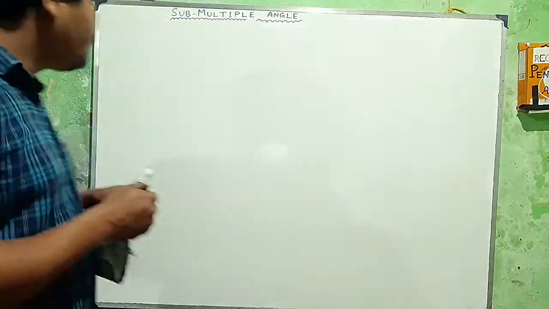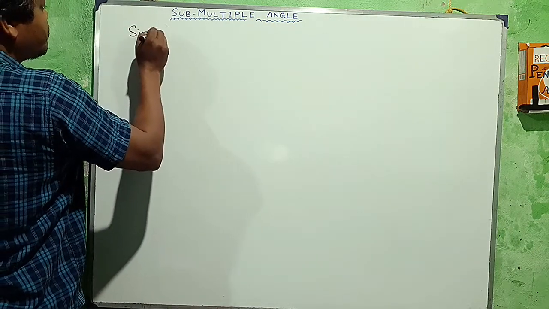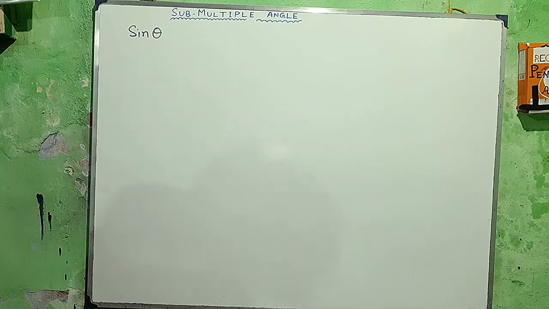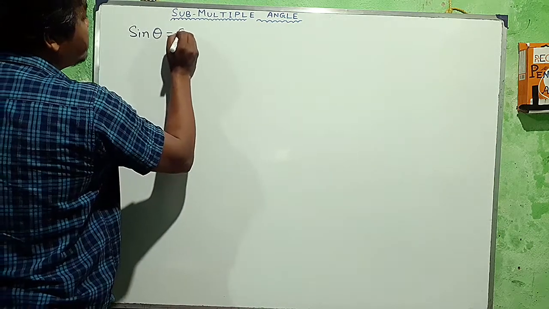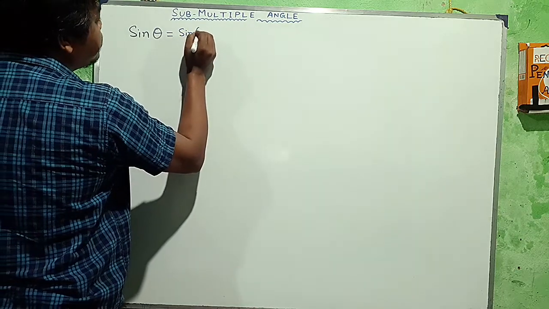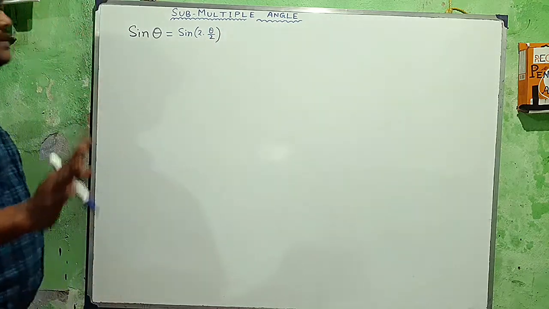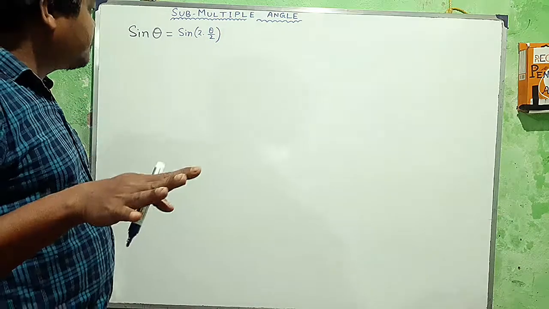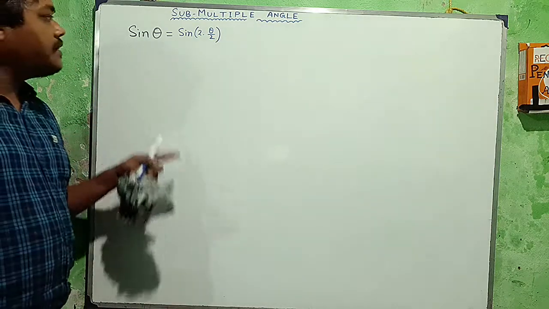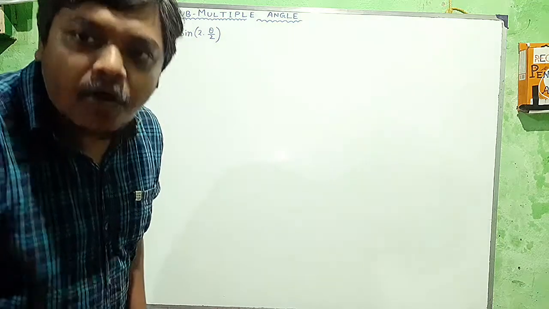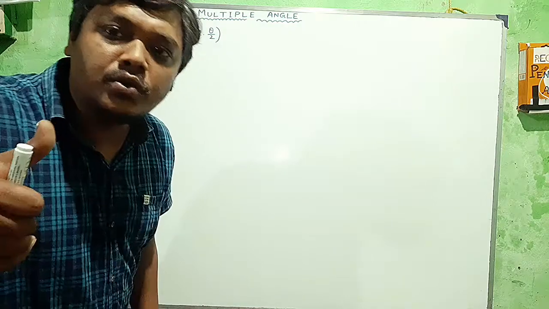ওকে, তো first we know what about sin theta. What about sin theta? So if I write here, sin theta equals sin 2 into theta by 2. In the previous lecture, we have already discussed the formula of sin 2a, that is 2 sin a cos a.